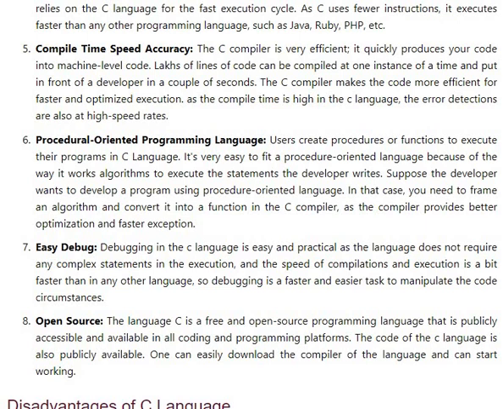And C language is case sensitive, which means lowercase and uppercase letters are treated differently. So debugging is very easy. The C language is an open source programming language. Anyone can easily download the compiler and start working with it.